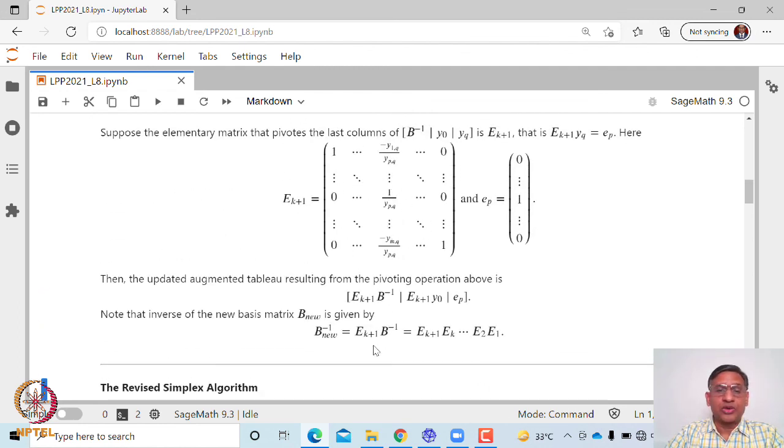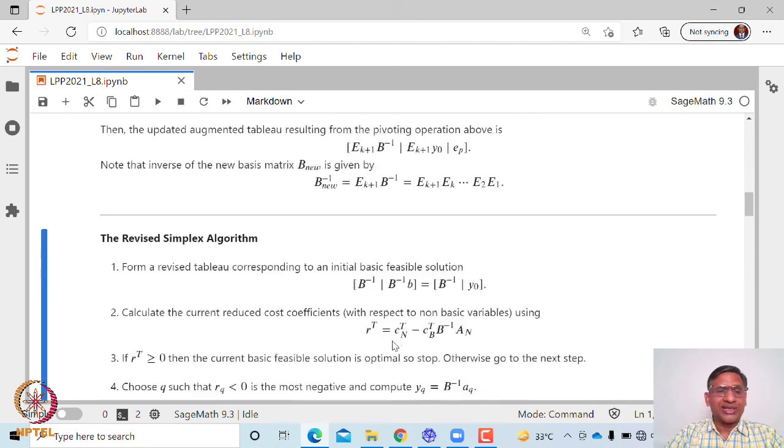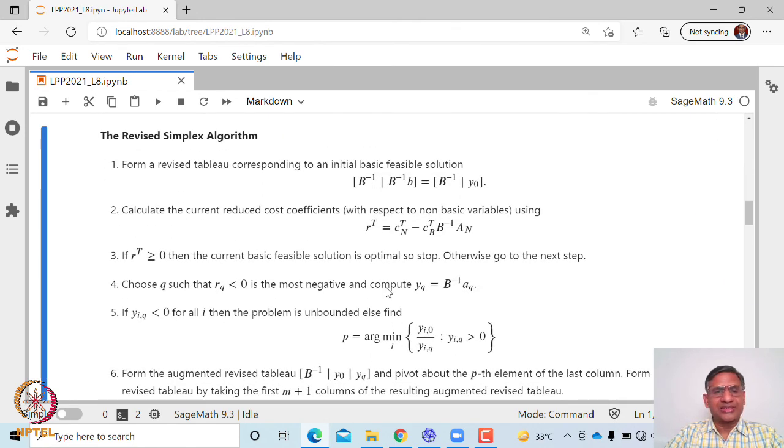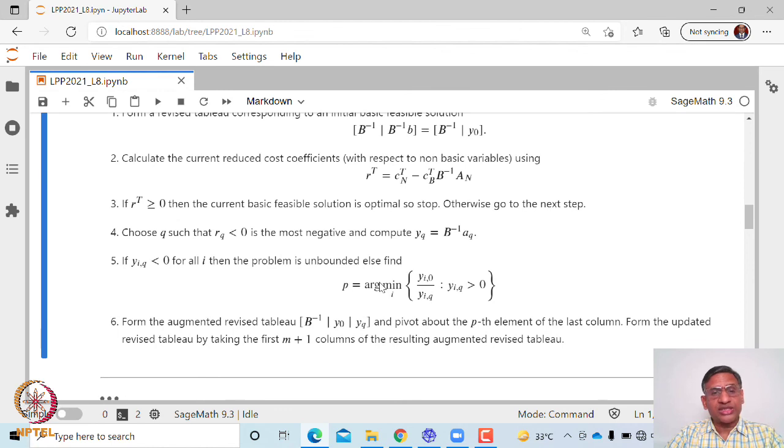Once we have this, we get not only the new basic matrix B, but also B inverse, the inverse of this new basic matrix, which is again e_{k+1} times B inverse. Right. So this is what is called the revised simplex table, and it reduces the computation time.